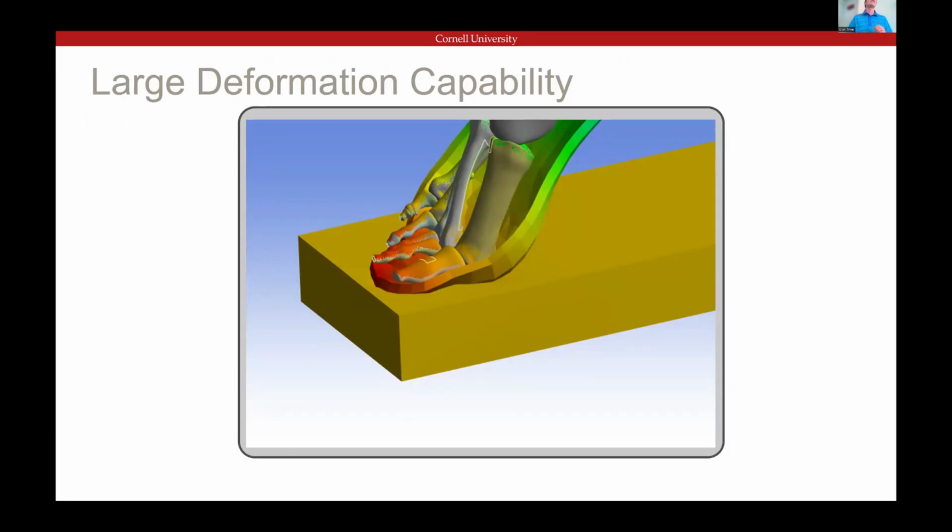If I was modeling the soft tissue as a solid element, these elements would be highly skewed. They would get very flat, very trapezoidal, and not pair well with the solid. By removing solid elements and replacing them with springs, we're able to handle this large deformation well.